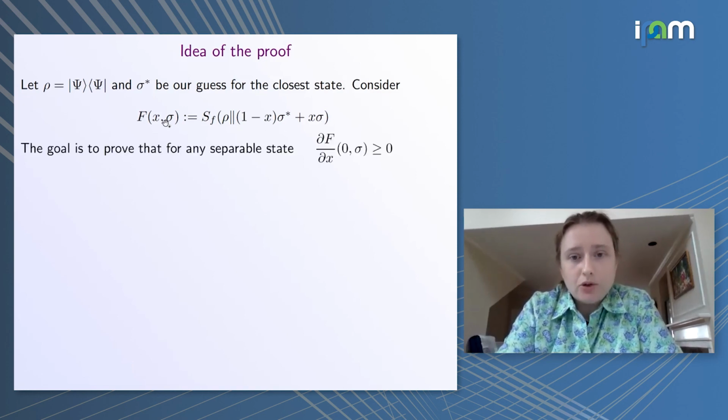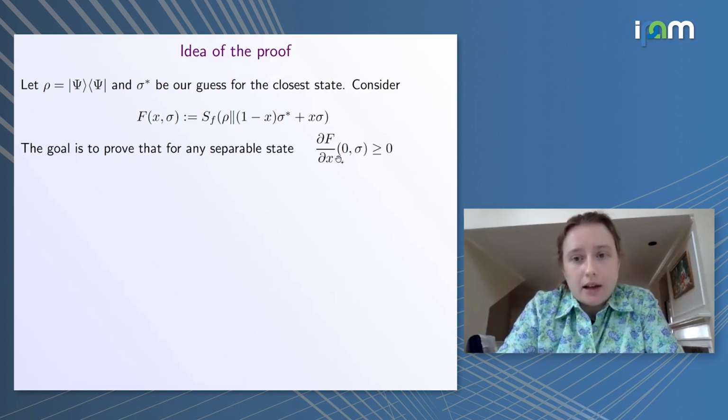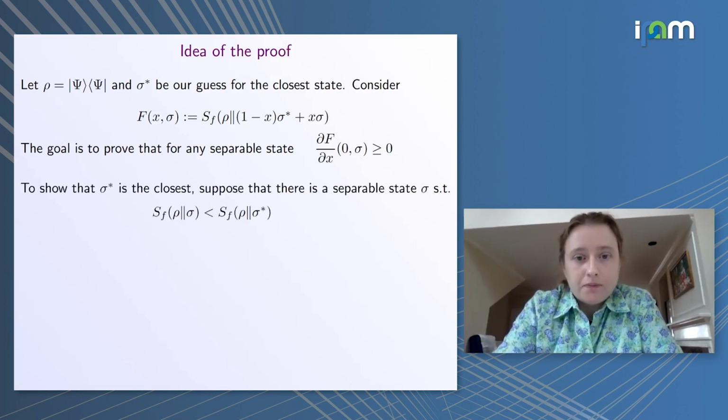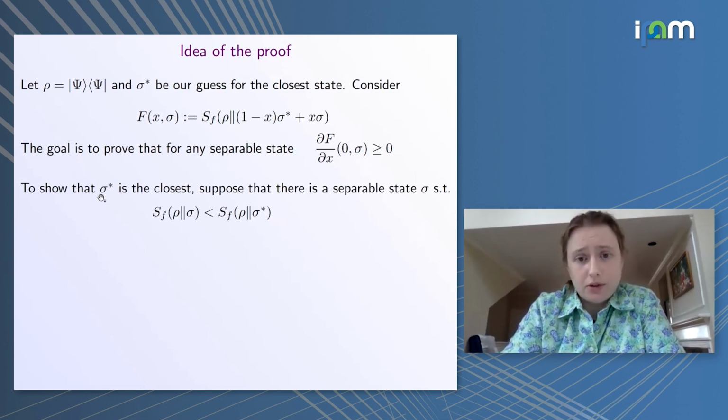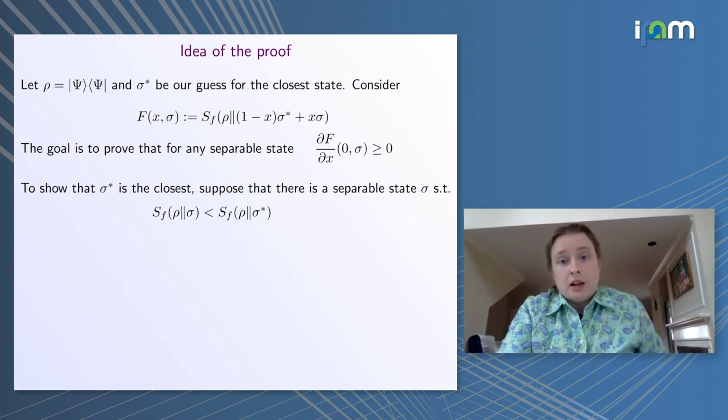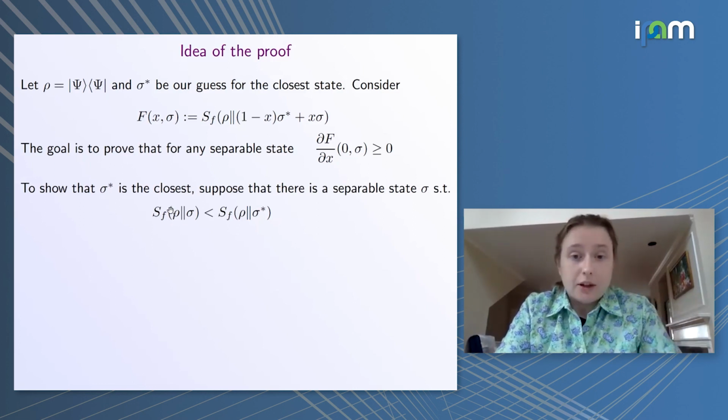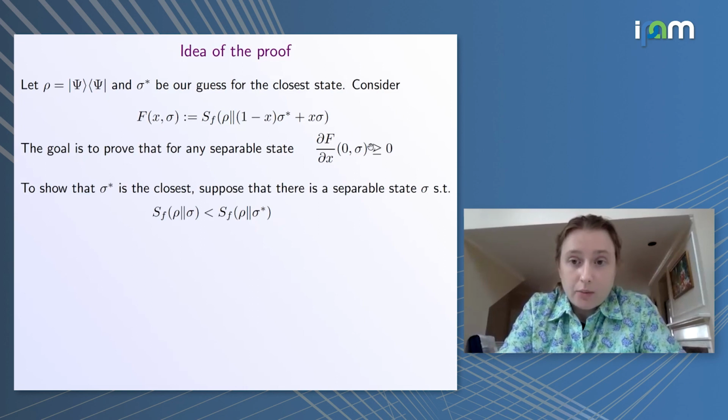Then the goal is to prove that the derivative of this function at x equals 0 is non-negative. If we do that, then how do we show that sigma star is the closest? Well, suppose that it's not the closest state, right? So right now I'm just trying to show why this is enough.